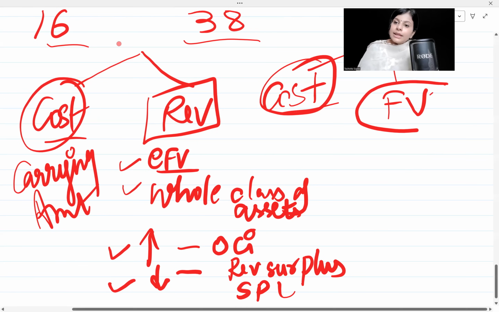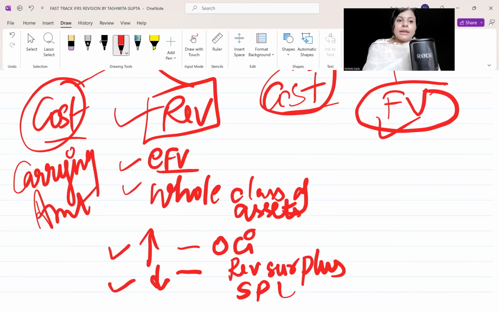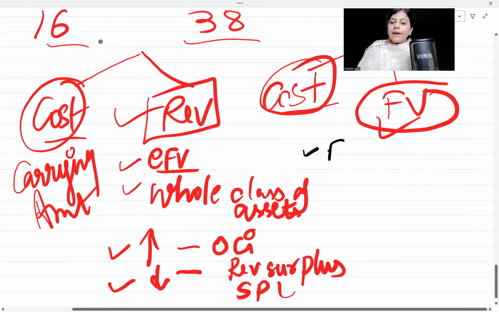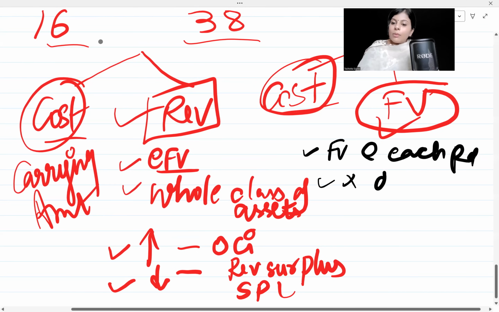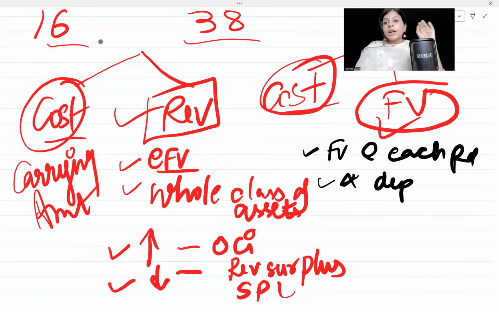What is the difference between this revaluation model and the fair value model? In the fair value model, first of all, investment property is taken to its fair value at each reporting date, okay? And it is not depreciated. Now, ma'am, why is it not depreciated? Because it's already taken to its fair value.